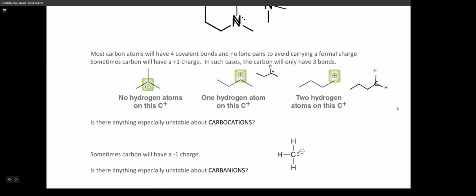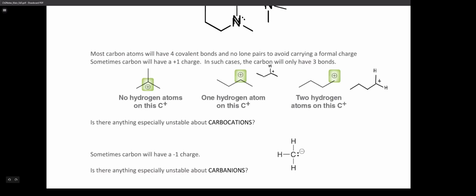And usually I would draw in the C, but you don't have to. The goal is you just never want it to be confusing. So that makes it explicitly clear that this carbon has 3 bonds. 1 of them is to carbon and 2 of them are to hydrogens.